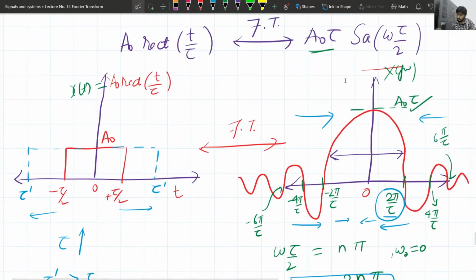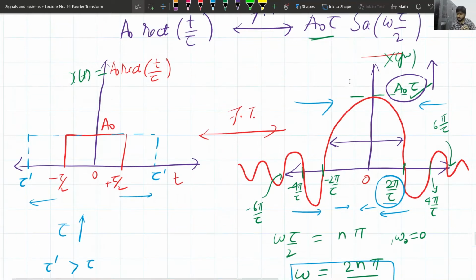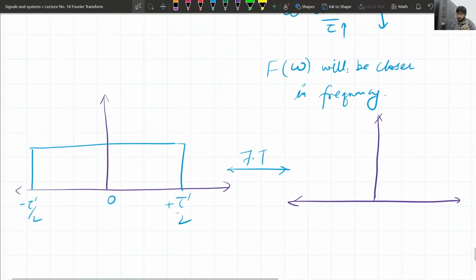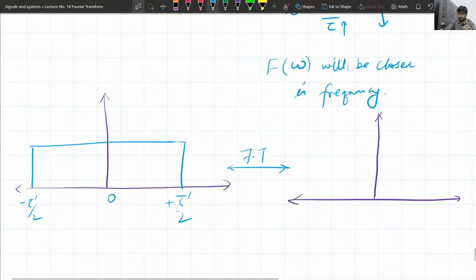And one thing more, this amplitude is A naught tau. Since tau is increasing, then A naught tau will go on increasing. That means it will try to increase in amplitude but it will try to shrink towards the origin.